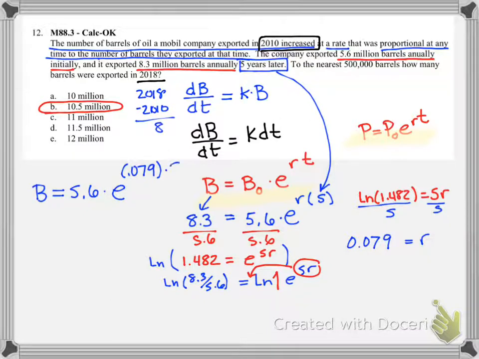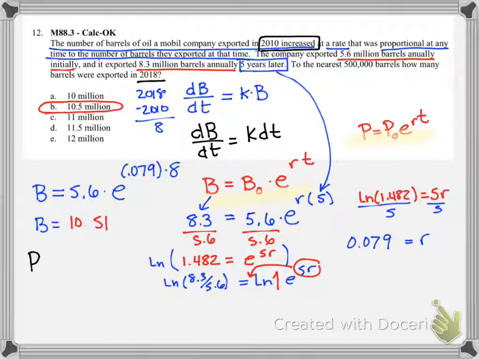So there's our 8 years. And now as we calculate this B, we're going to get that same 10.5 million. Do it on your calculator to make sure that you agree. I just double checked for myself. 10.51.